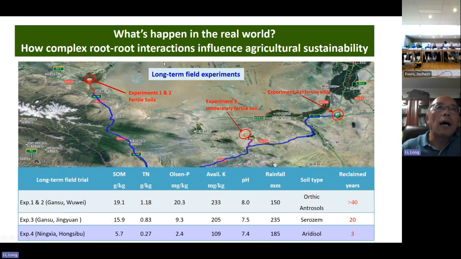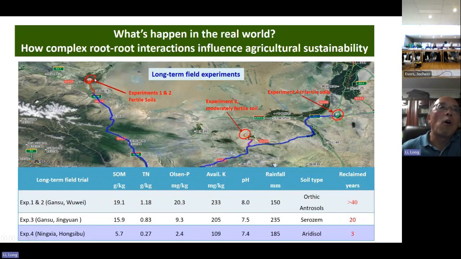We conducted a long-term field experiment in the northwest part of China, in a very old oasis, here in Wuwei City. Therefore, soil fertility is much higher.